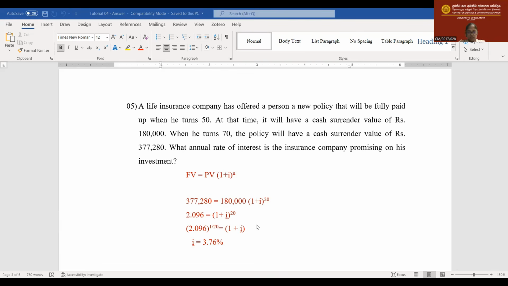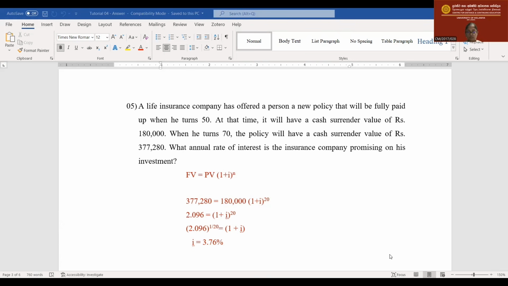Here I is what we have to find, so we have to isolate I. In order to isolate I, we remove this 180,000 by division. So 377,280 divided by 180,000 means 2.096. Take the calculator and do the operation with me: 377,280 divided by 180,000.